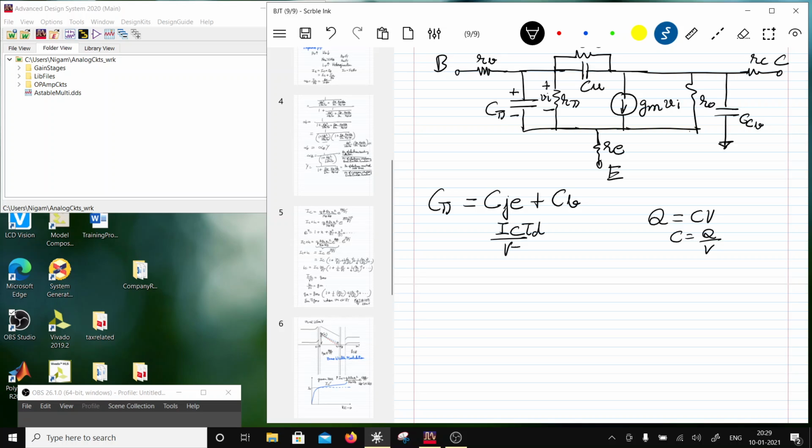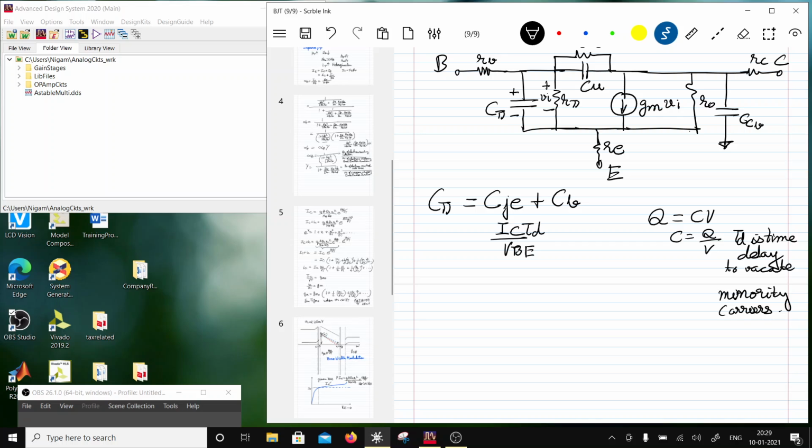IC over VD, which will be VBE. So IC over VBE into tau d, where tau d is the time delay to vacate minority carriers from the junction, right?